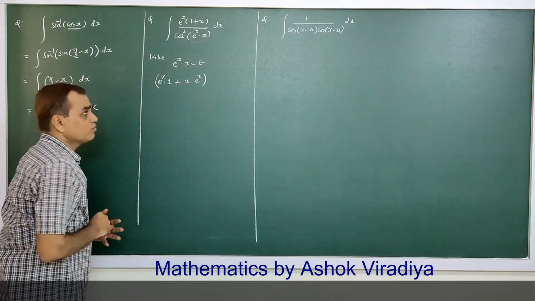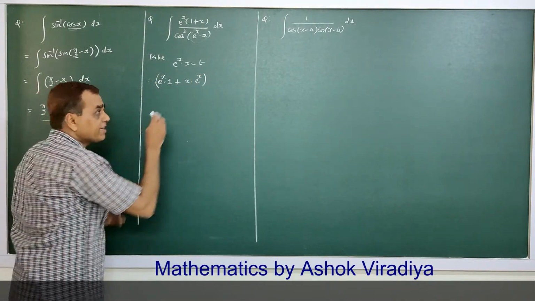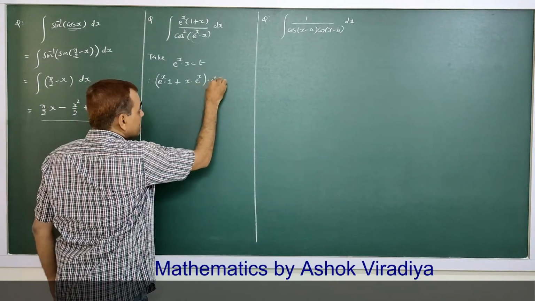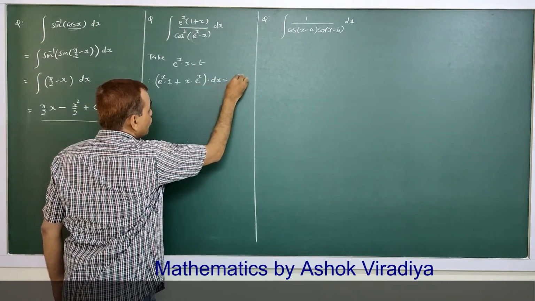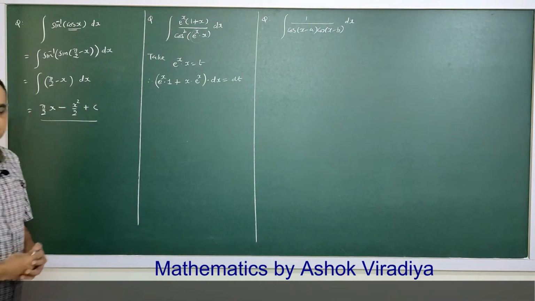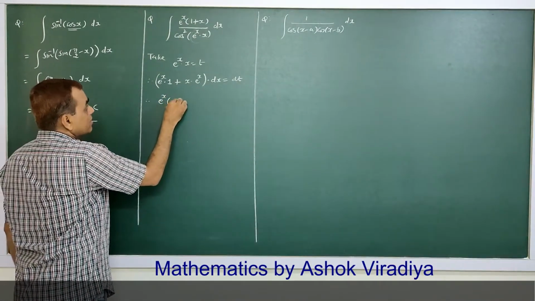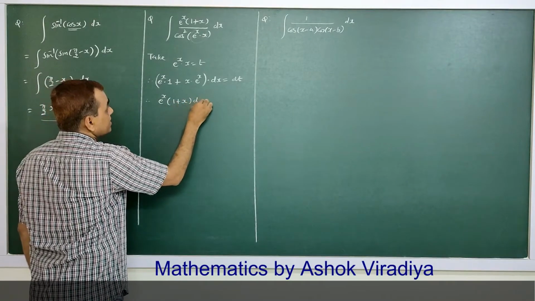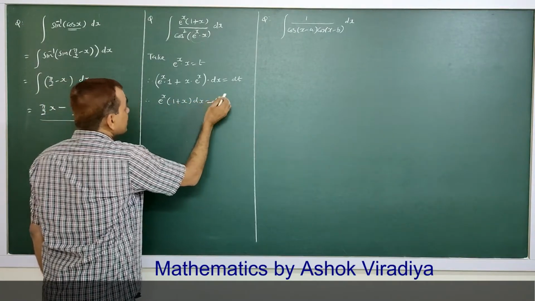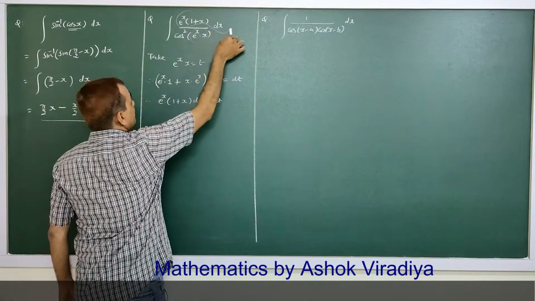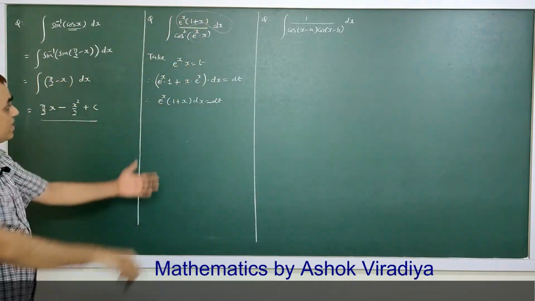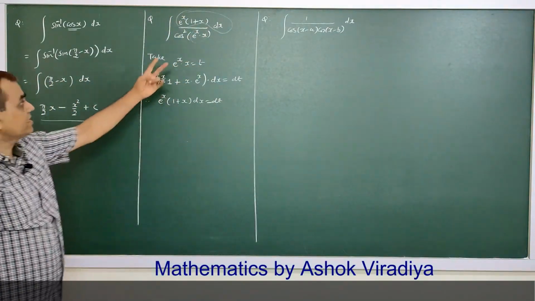This is the derivative, so e raised to x common, 1 plus x dx is dt, and now you can see that this part will be removed with dx, taking this equal to t.